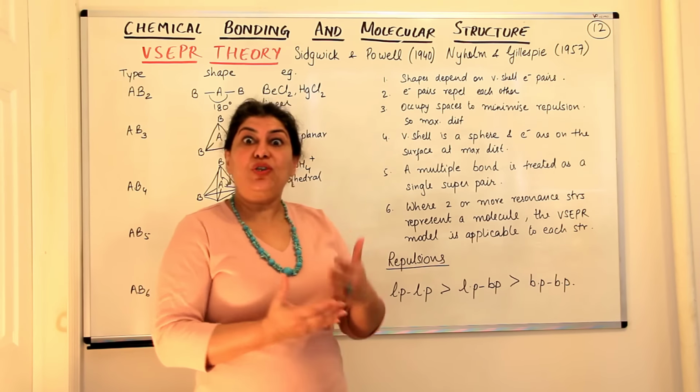So the second point is that electron pairs repel each other. And if they repel each other, what would they try to do? They would try to occupy positions where they experience minimum repulsion. You have a group of 10 friends, and there are two of them who don't get along with each other.